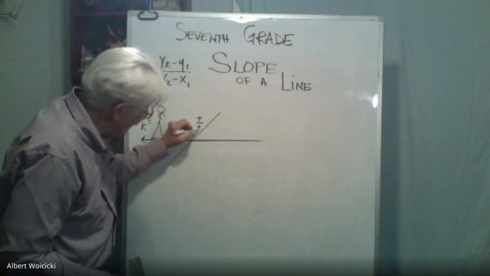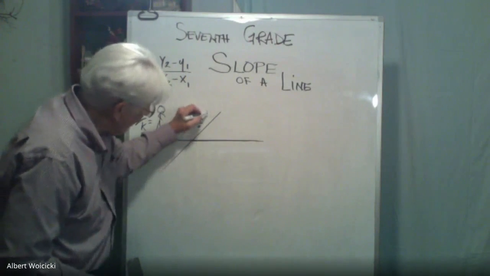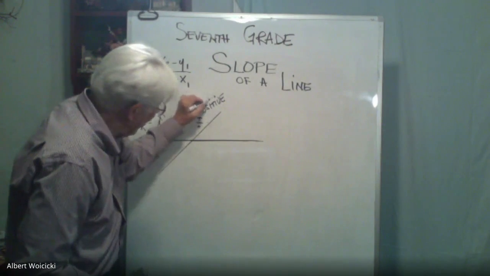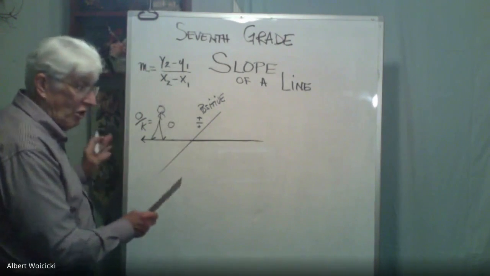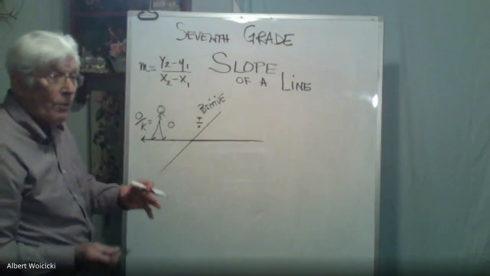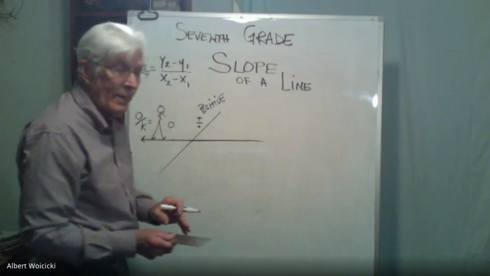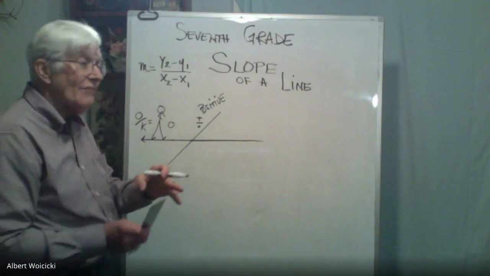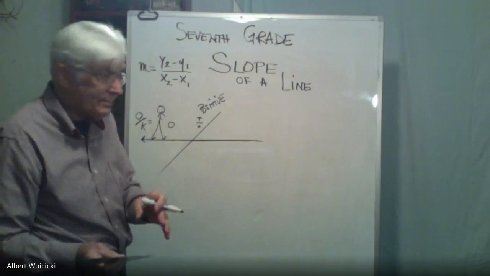So plus. That means this is a positive slope. So when you see a line that goes from the lower left to the upper right, the slope is positive. So you can observe a positive slope without figuring out any math about it.